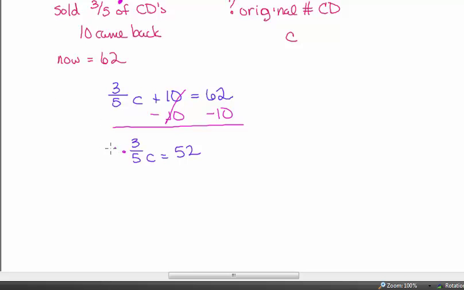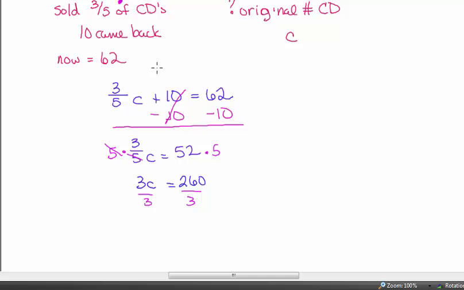And then I'm just going to do this one in 2 steps first. So I'm going to multiply both sides by 5. And that leaves me with 3C equal to, I want to say 260, but let me just double check myself on that. Yes, 260. And then I want to divide by 3. Hold on one moment.